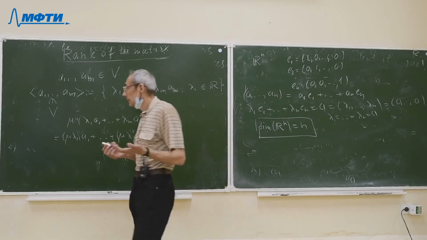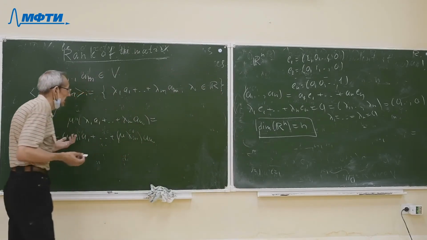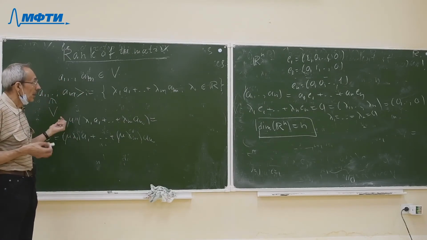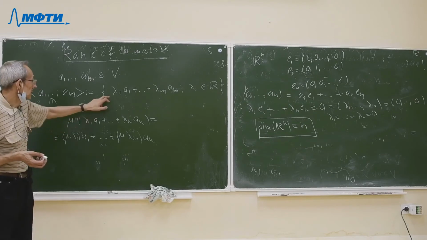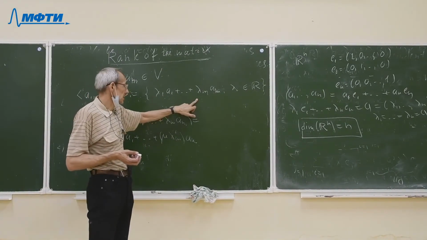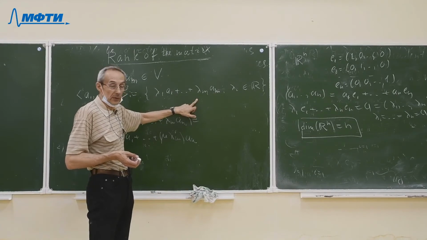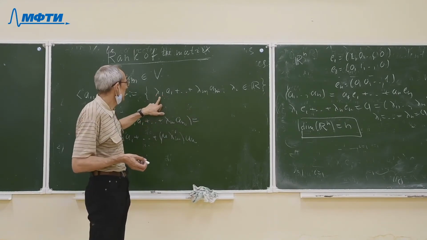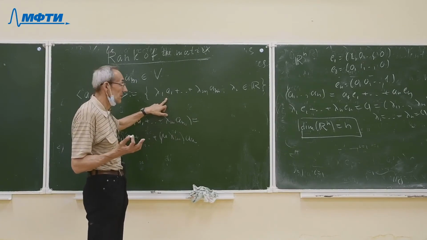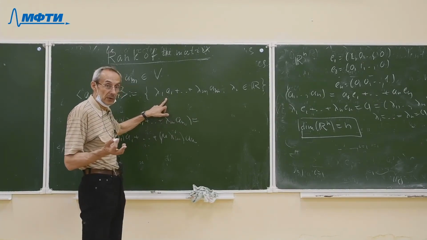The first axiom can be checked trivially, because if I consider the coefficients which are all equal to zero, I obtain the zero combination, which is equal to zero.